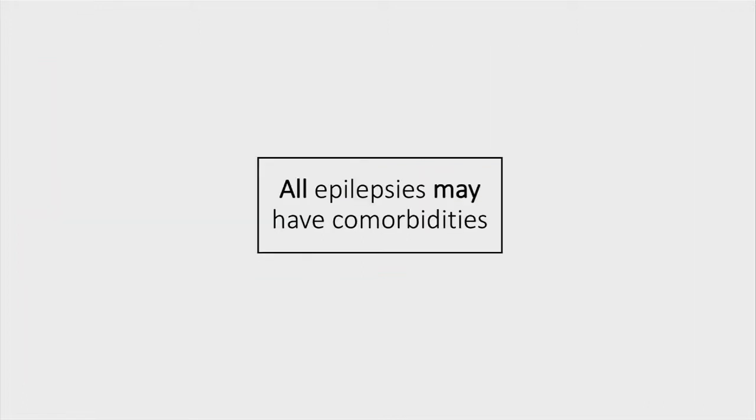Now, I've mentioned the word comorbidities. All epilepsies can have comorbidities, and often do, even people with the mildest epilepsies. If you have a very normal life and you have epilepsy and you start having tonic-clonic seizures, it completely mucks up your life as well. So just remember, this is something for all epilepsies. And comorbidities means other features, other problems.